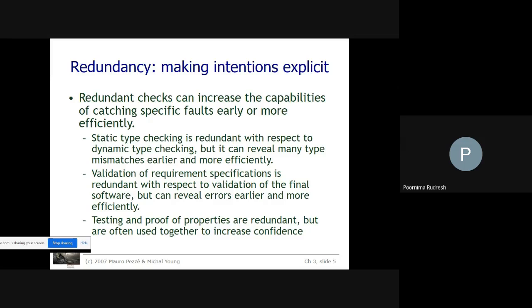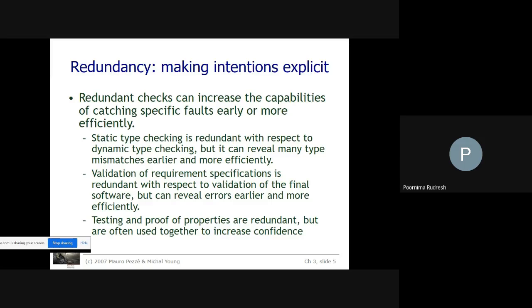Okay, when we are considering static type checking and dynamic type checking, static type checking is more redundant when compared to dynamic type checking, because it detects more mismatches during the earlier stage and it detects those mismatches more efficiently.